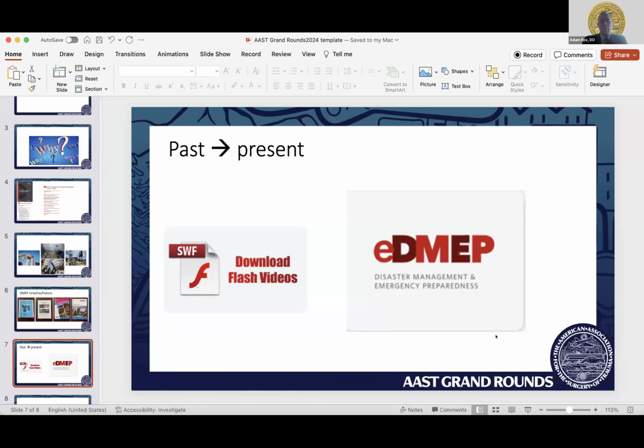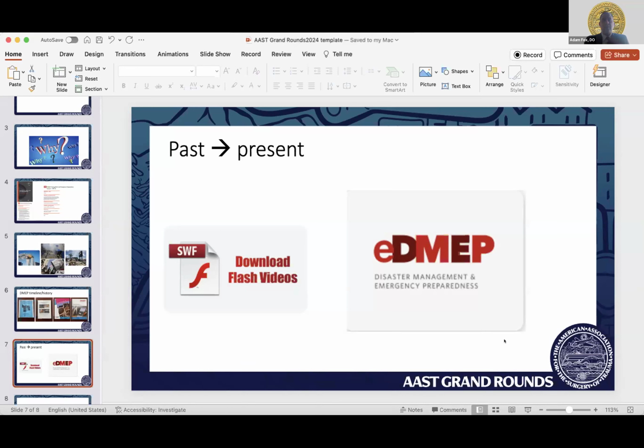There were simple recordings, but the platforms were not easily obtainable with the modern computer equipment being utilized, and it very rapidly fell out of favor, if it even got to that point at all. So enter the last few years, where the electronic version of DMEP was thought about and created with the people here on this panel.